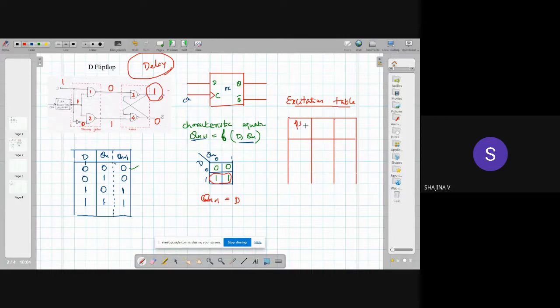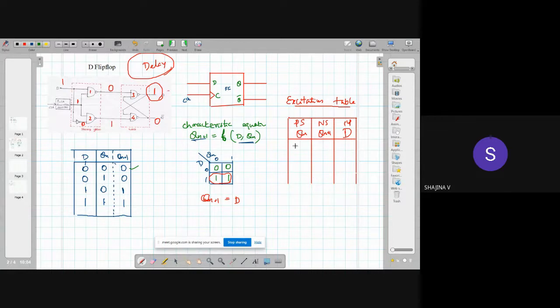Present state Qn, next state Qn plus 1 and required input D. Input D മാത്രമേ ഉള്ളൂ. Okay, now we will go for the excitation table.